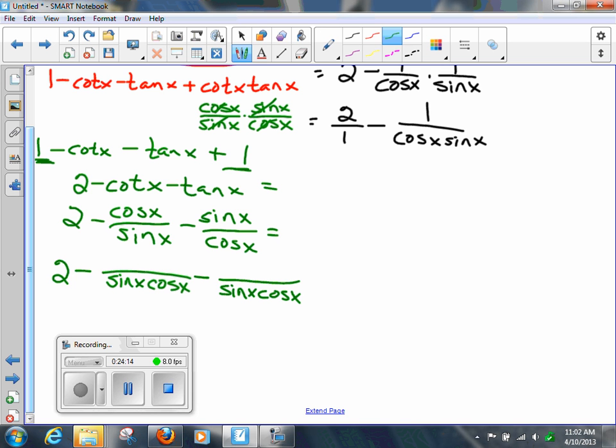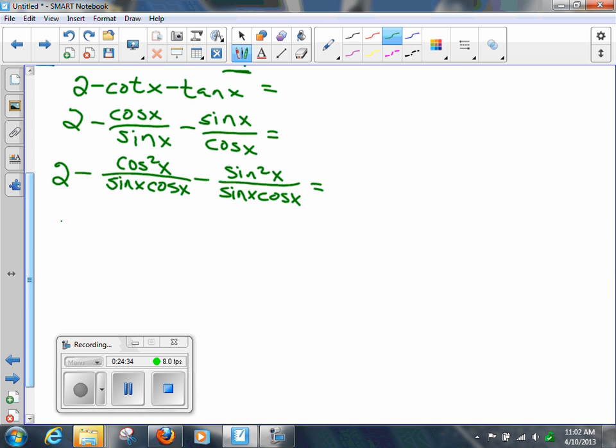So what did I multiply here? Cosine. Cosine times cosine is cosine squared. What did I multiply here? Sine. Sine times sine is sine squared. Look what's getting ready to happen. I'm going to combine these fractions.